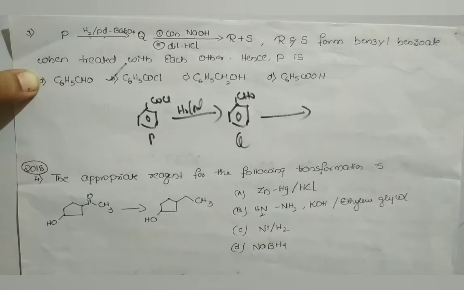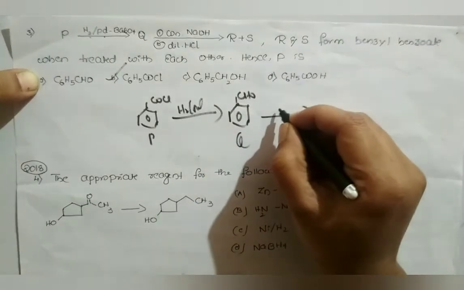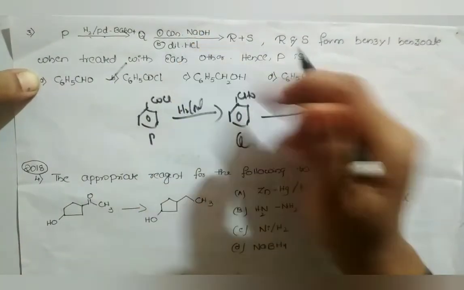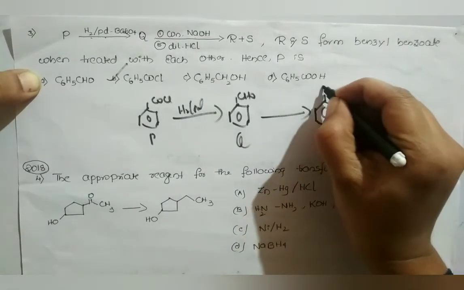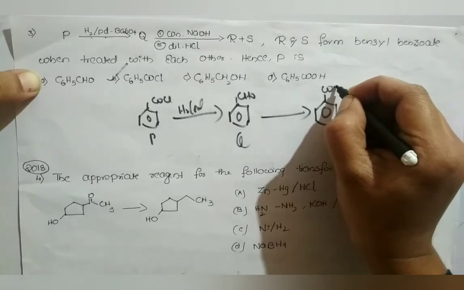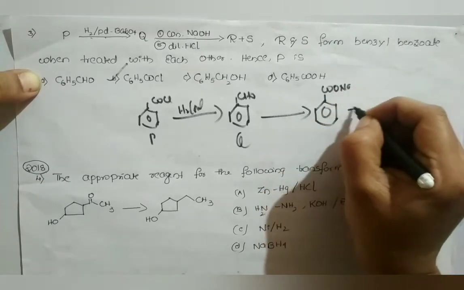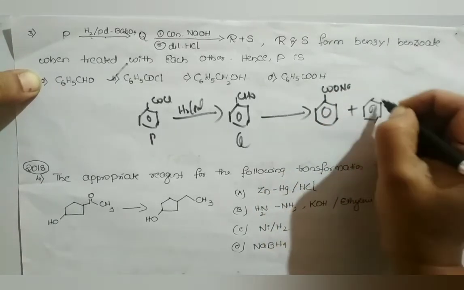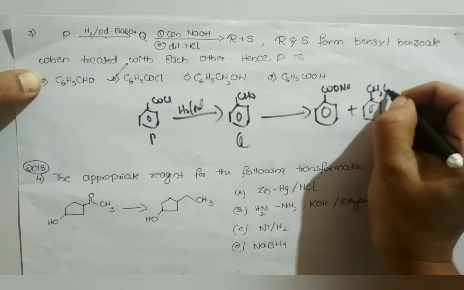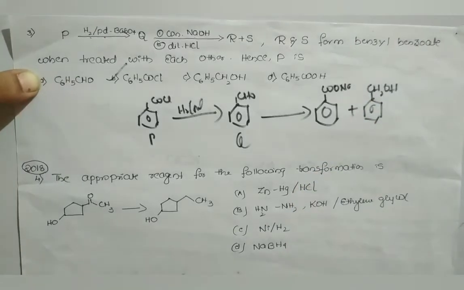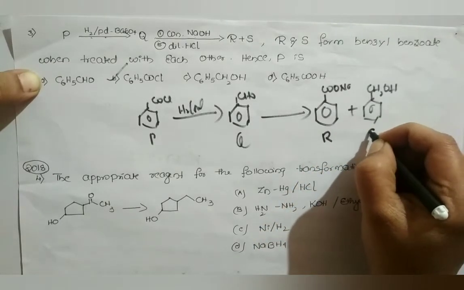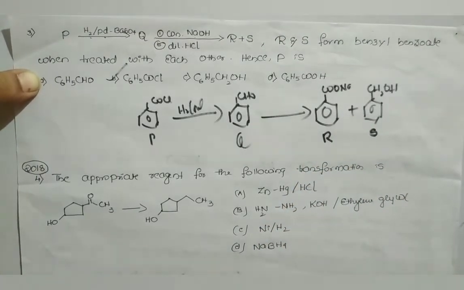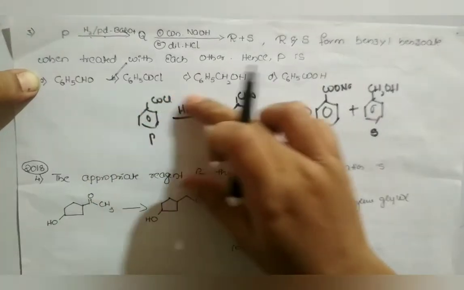I hope you remember. So this is the Cannizzaro reaction. We are going to get the respective carboxylic salt, that is COONa, followed by the respective primary alcohol, dear students. This is R and S. So this is the complete reaction.